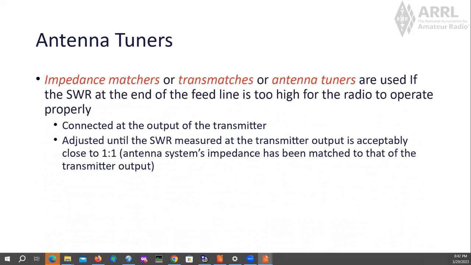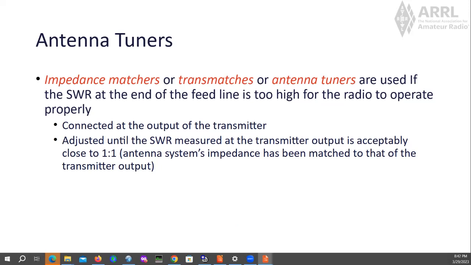Impedance matchers or transmatches or antenna tuners are used if the SWR at the end of the feed line is too high for the radio to operate properly. Connected at the output of the transmitter, adjusted until the SWR measured at the output is acceptably close to 1-to-1.